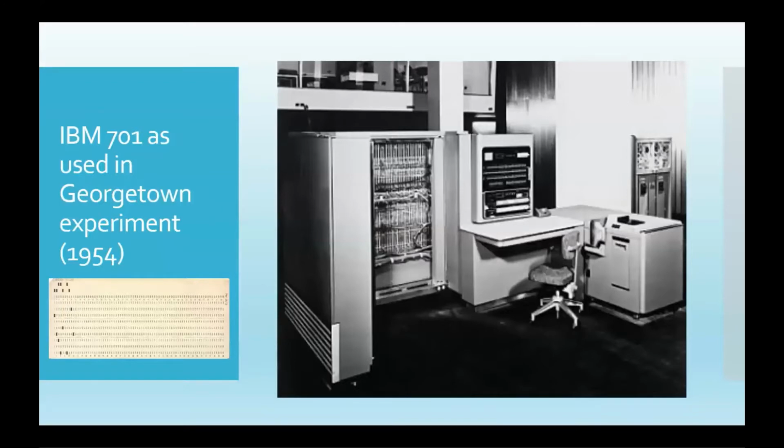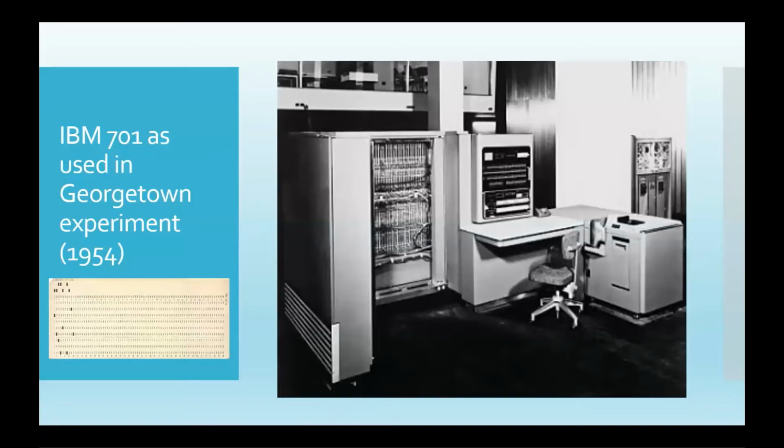So there's the first real slide. This is a machine that goes back to 1954, and it was the computer on which the world's first machine translation experiment was conducted all those decades ago, and it succeeded in translating just 60 sentences from Russian into English.